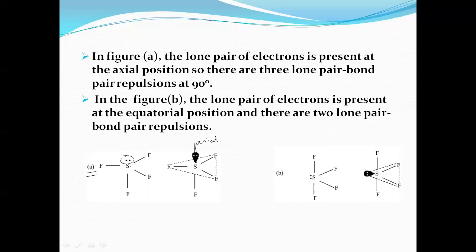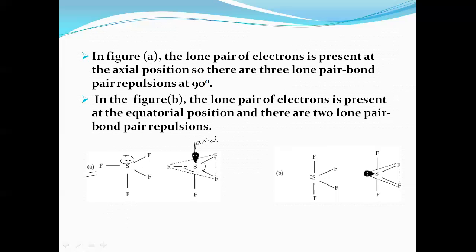There are 3 equatorial positions with 3 fluorines, and 1 axial position is occupied by fluorine and the other axial position is occupied by this lone pair of electrons in structure A. So if the lone pair is placed in the axial position, as you see in this figure A, these are 120 degrees.